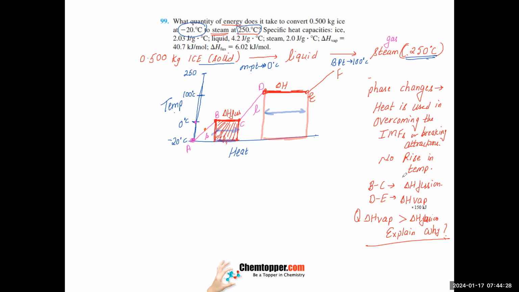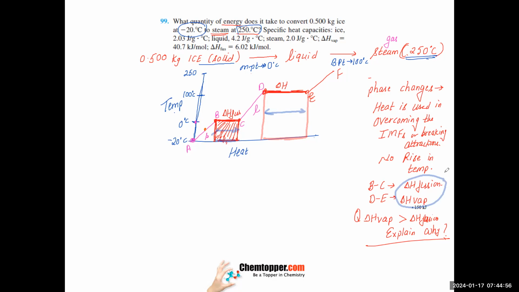What are these heats doing? They are breaking the IMF. So in which case is the IMF breaking more, during vaporization or fusion? Yes, but why? Aditi, Azuni, you are perfectly right, but why?